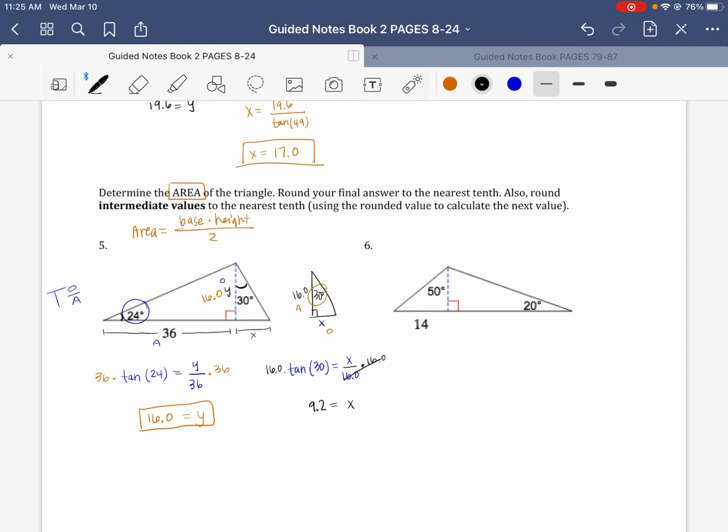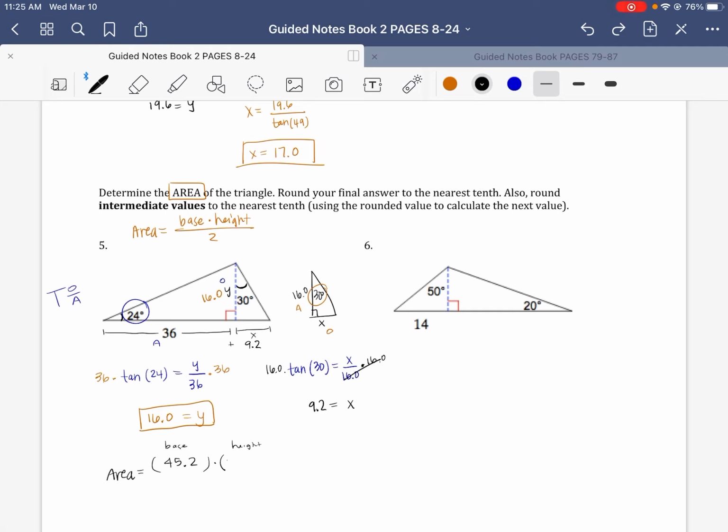But again, in the end, what we do is we want to find the area. So the area is equal to the base. Now the base up here is 36 plus, right, this 9.2 we just found. So 36 plus 9.2 is 45.2 times the height, so that was our base, times the height. Oh, lots of parentheses going on.